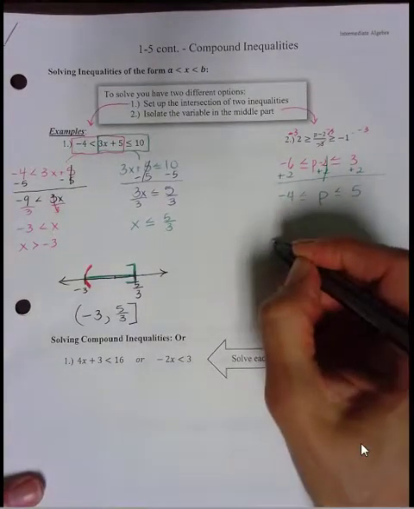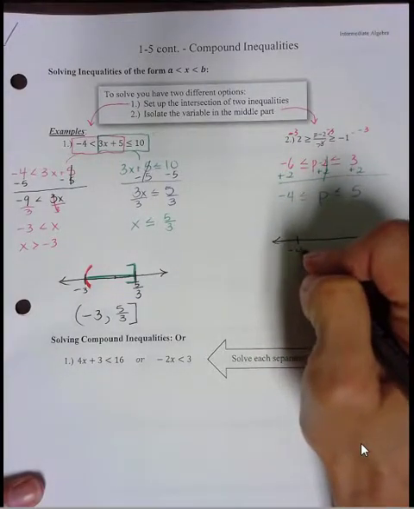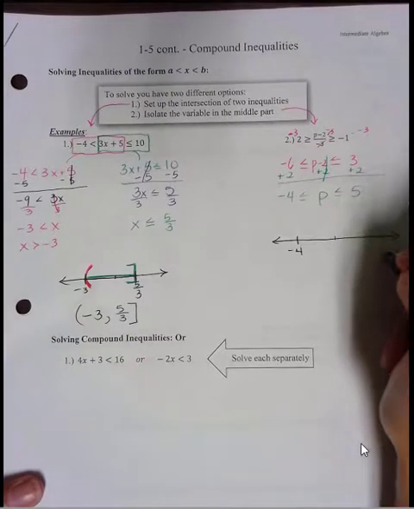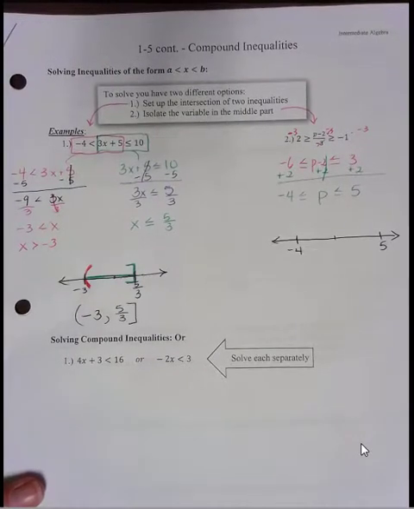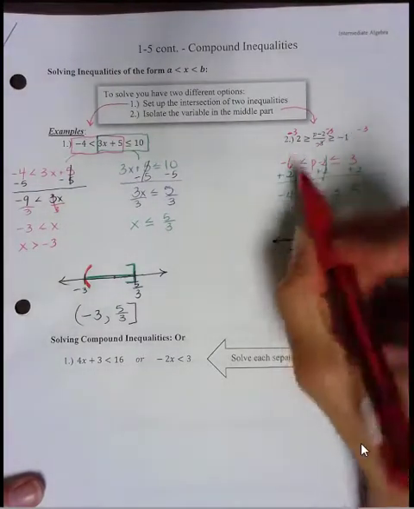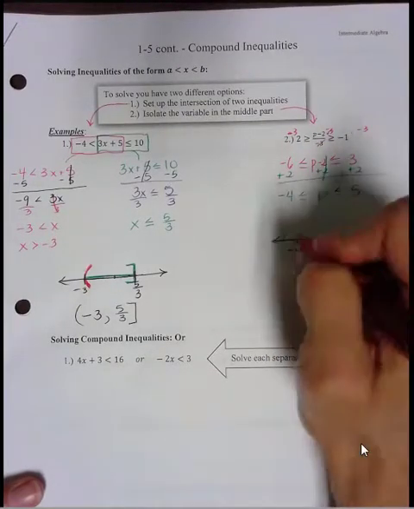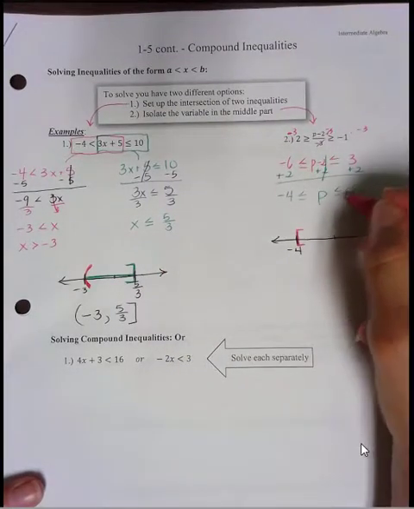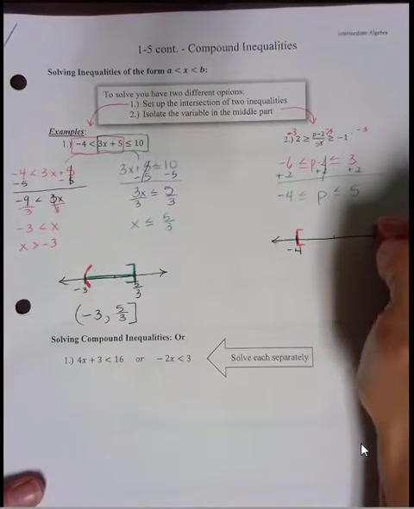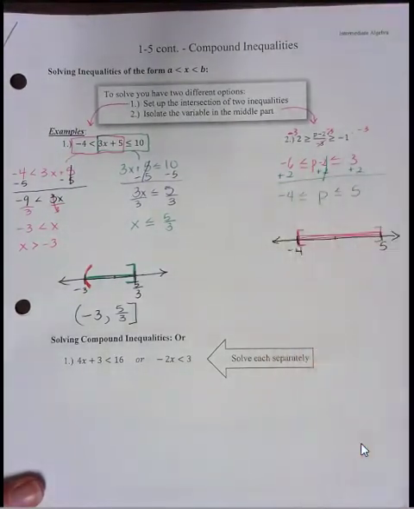Okay, so let's go ahead and graph this on the number line. We have the point negative 4 and 5. Okay, now both of them are less than or equal to, so that means brackets for each of these values, and it's negative 4 is less than or equal to p, or p is greater than or equal to negative 4, so we're going to be going that way, and then p is less than or equal to 5, and so this is our solution area.